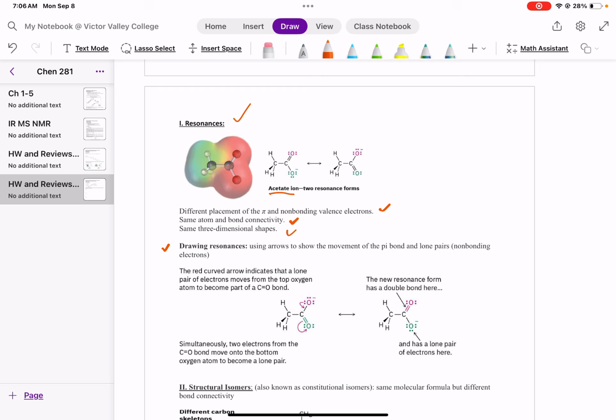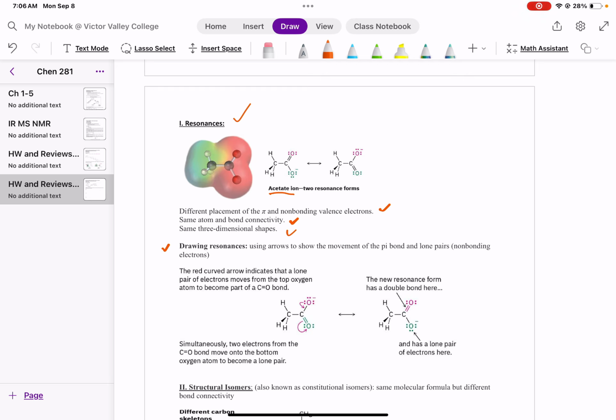Now, resonances are different. Resonances are the same molecules or ion, just different ways to draw the structure. The analogy would be you can sleep with both of your arms up, above your head, or down.